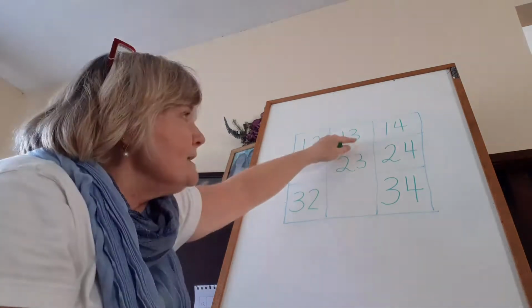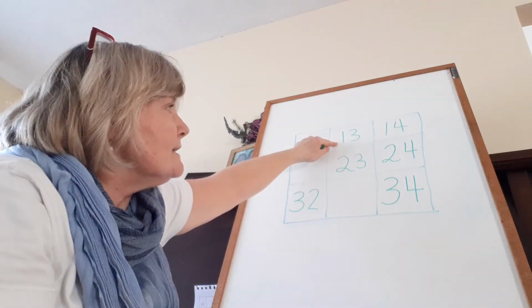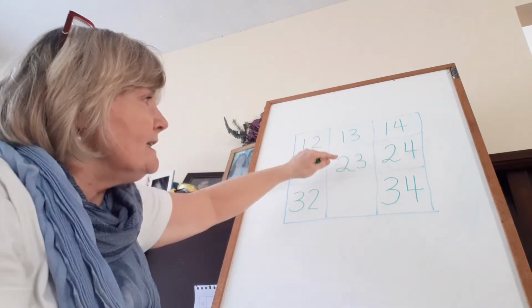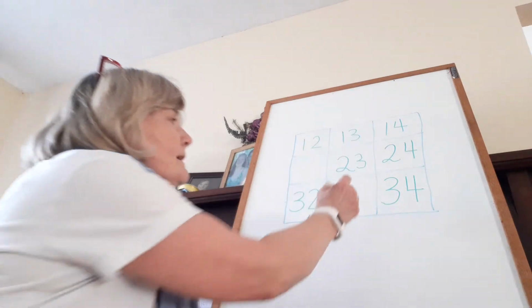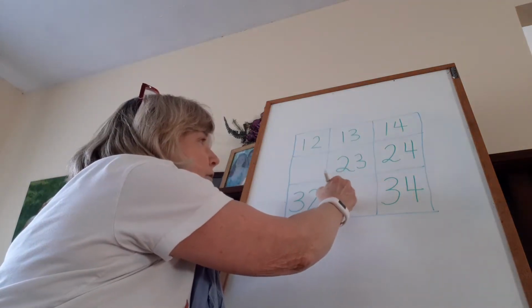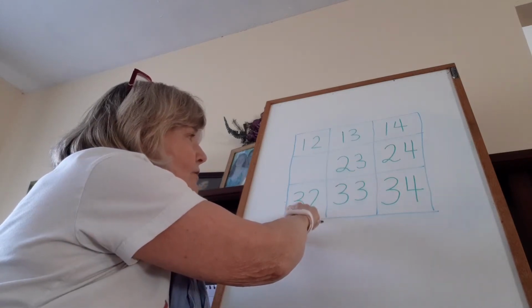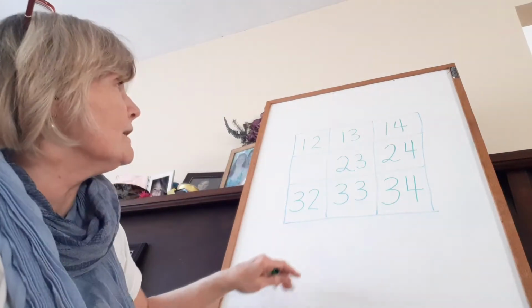The number in the ones place is going to stay the same the whole way down this row. The number in the tens place is going up by 1. So here you've got 13, 23. If I add one more to the 10 place for this one, I've got 33. And then when I read this, it says 32, 33, 34. That sounds right because we've added 1 each time.